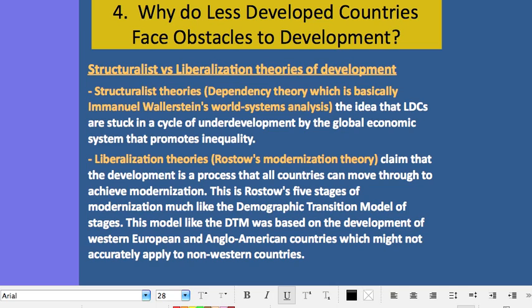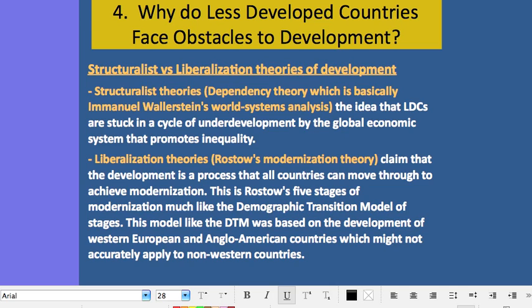There's this dependency and interdependence and a structure of hierarchy, and countries get stuck in these different levels of the hierarchy, and essentially there is an inequality in the global economic hierarchy.